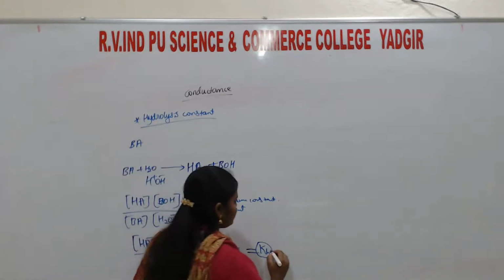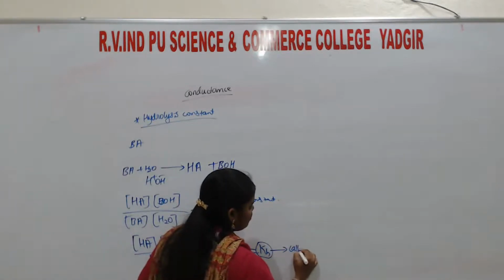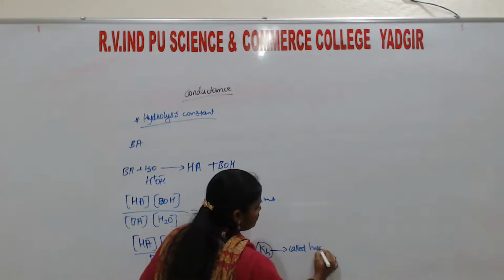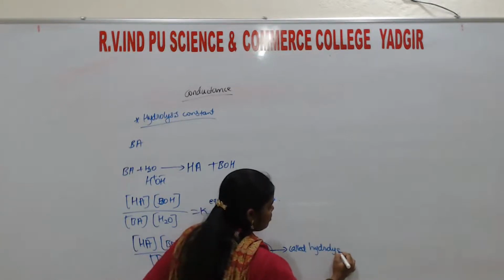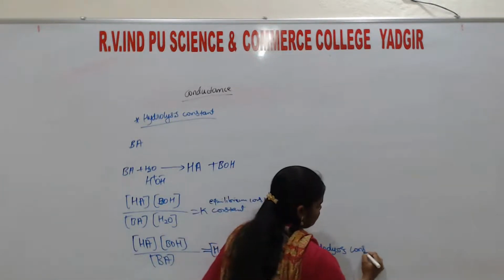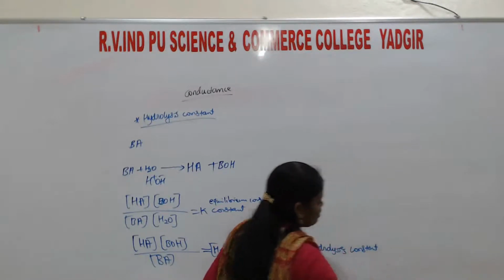This KH is called the hydrolysis constant.